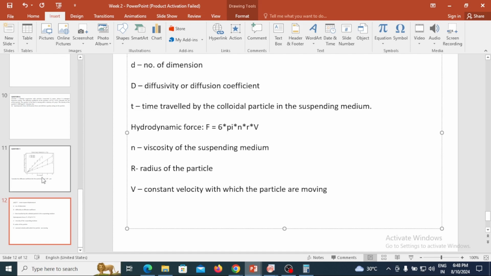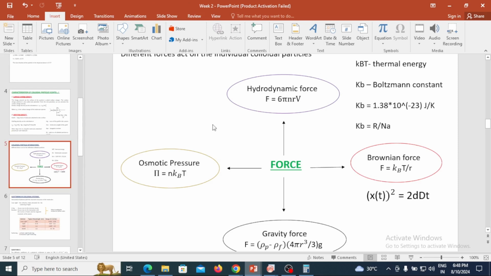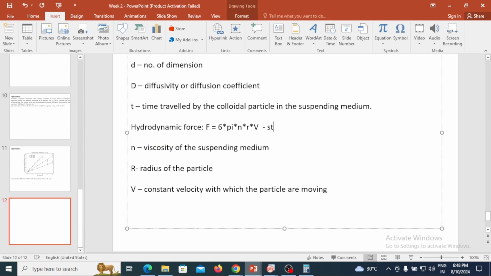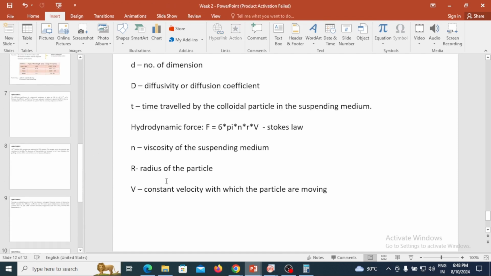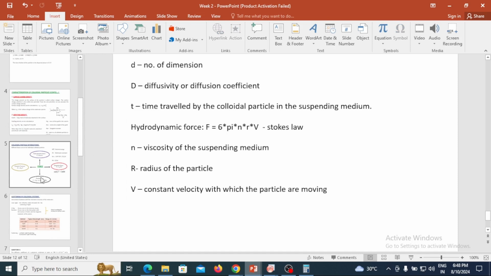So this is the hydrodynamic force, and this expression is given by Stokes' law. Stokes' law states that the frictional force experienced by the particles due to the fluid can be written as 6 pi eta r v, where eta is viscosity, r is radius, and v is the constant velocity with which the particle is moving.